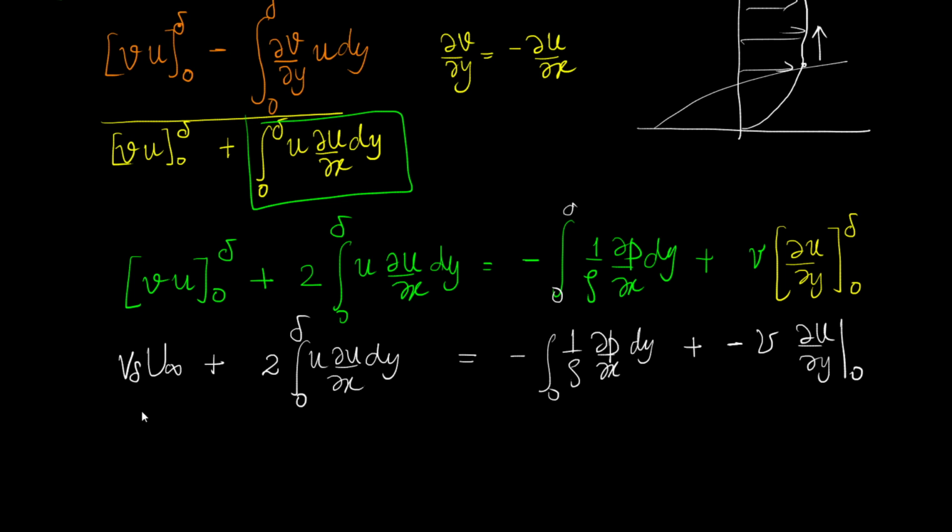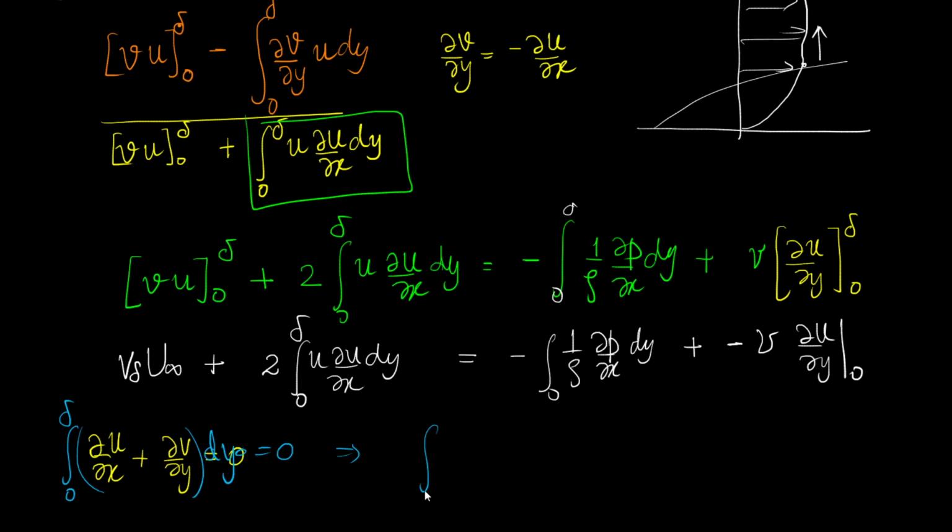So now what we want to do is to somehow cast v infinity in terms of del u del x. So let us again write down the continuity equation and integrate it from 0 to delta.